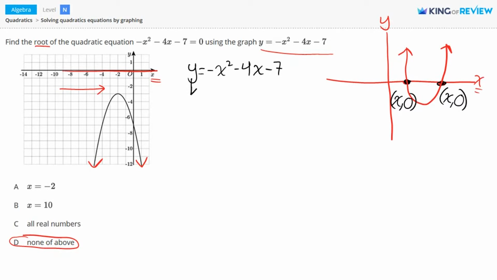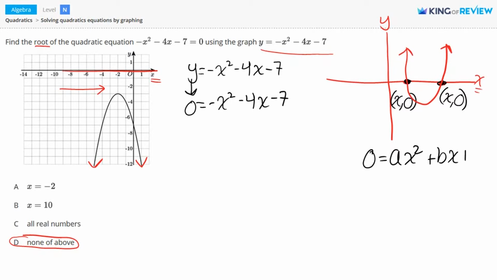It would have some x-coordinate, and the y would be 0. So applying that to our equation, let's set y equal to 0 and solve for x. So we have 0 equals negative x squared minus 4x minus 7. This equation is in the form y equals ax squared plus bx plus c. When we have an equation in this form, we can use the quadratic equation to solve for x.